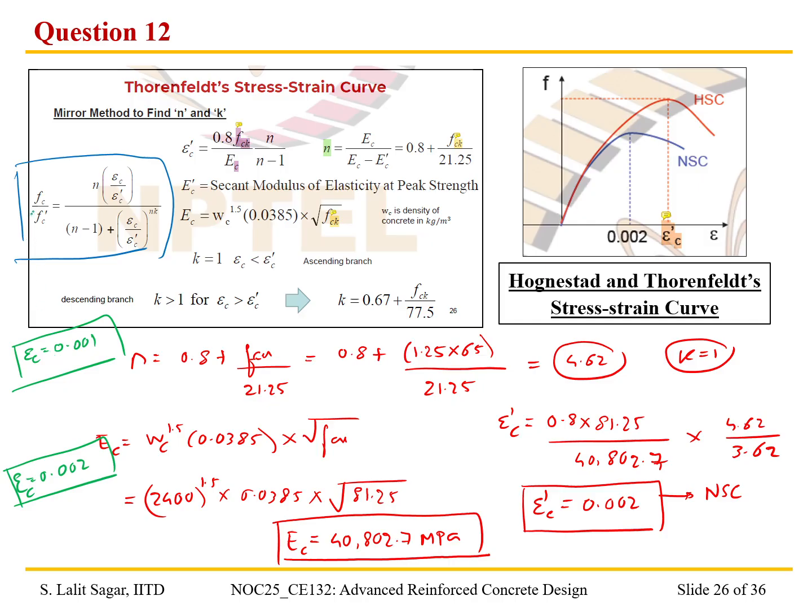Make use of this equation. We know f prime c is 65, n is 4.62, we know epsilon prime c is 0.002 and then k is 1.